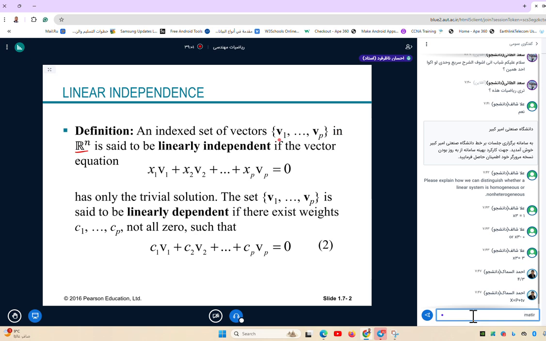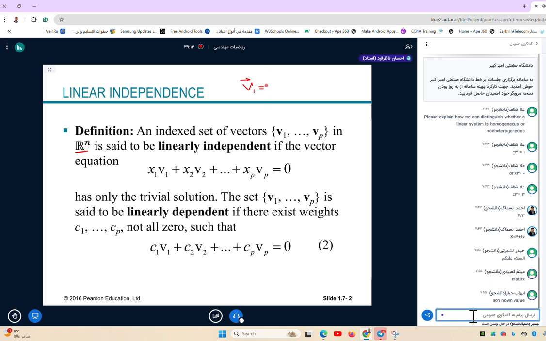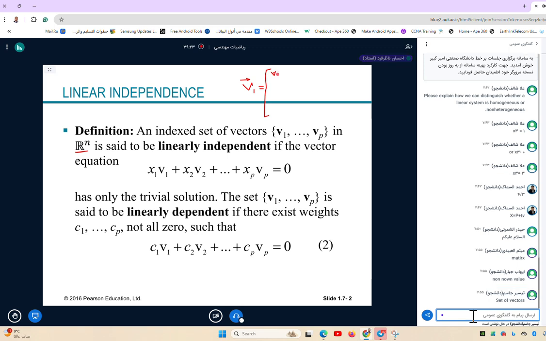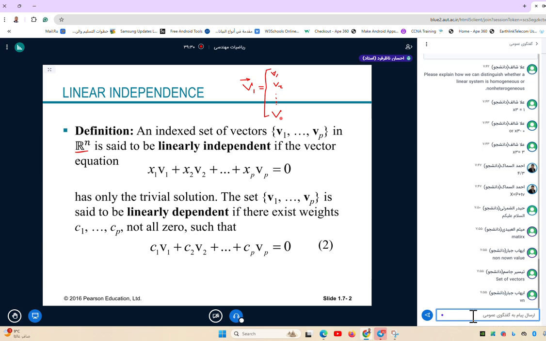If I say v1 is in Rn, it means that v1 can be written as a column with entries v1, v2, and at the end vn.